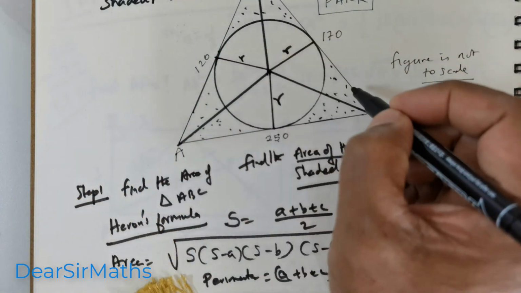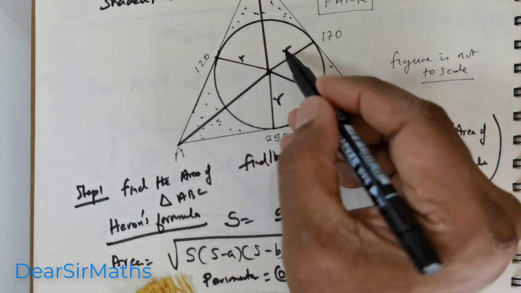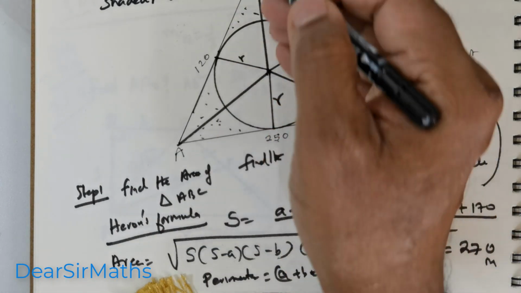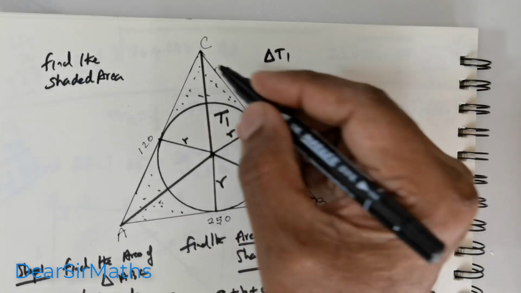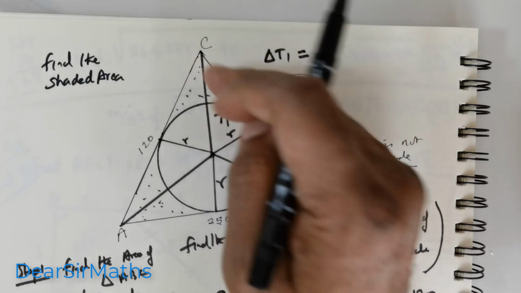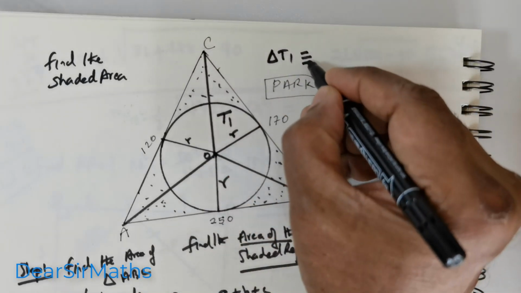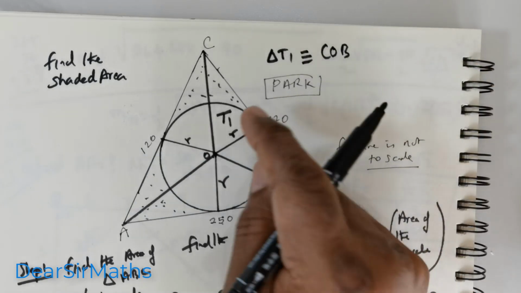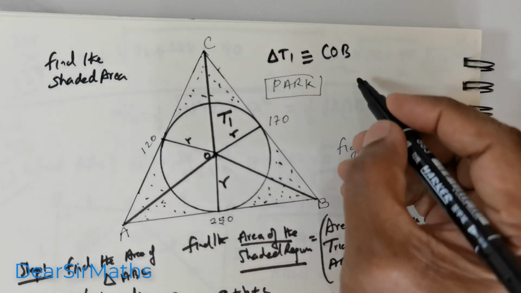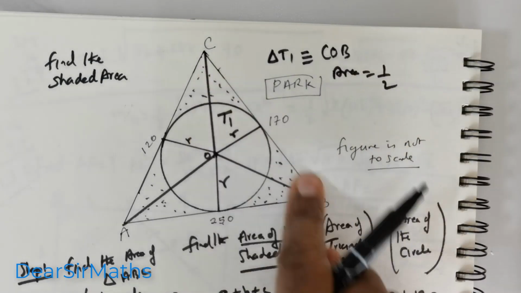So if I were to find the area of triangle T1, what is triangle T1? Triangle T1 is nothing but C, let me place O here, COB, right? So triangle T1 is COB. Now what is the area of COB? Area is nothing but half times base into height.